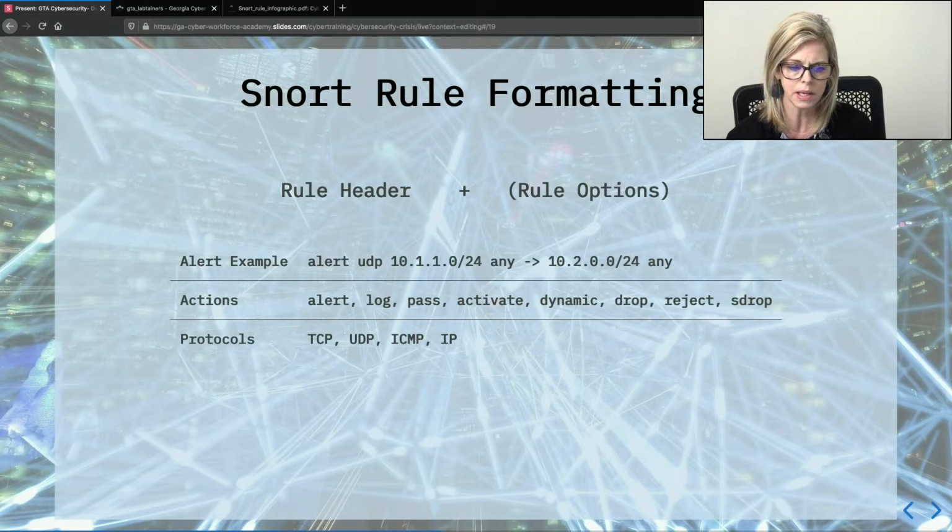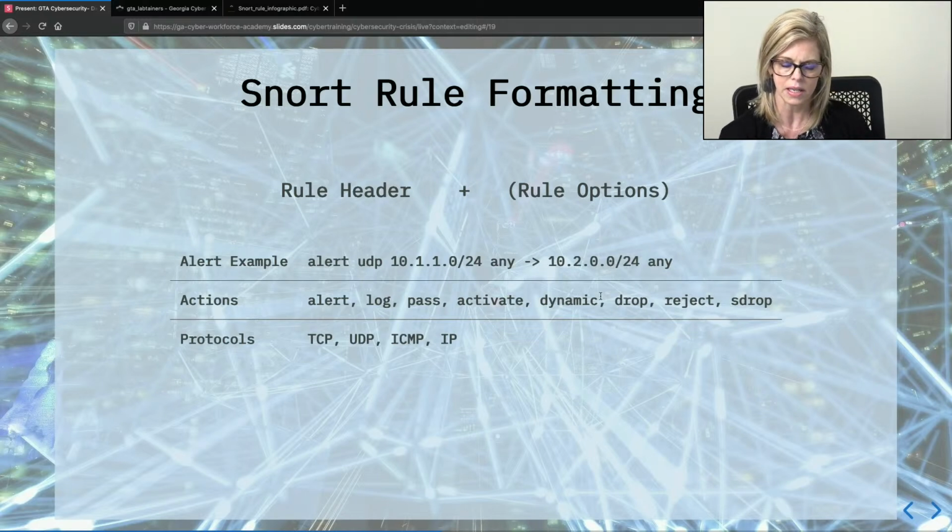If it's a UDP packet that's sourced from the 10.1.1.0/24, so this is specific to the network, and we don't care about the port. So if the traffic is sourced from the 10.1.1.0/24 network, any port, and it's destined to, see our arrow, our destination network, 10.2.0.0/24, and any port.